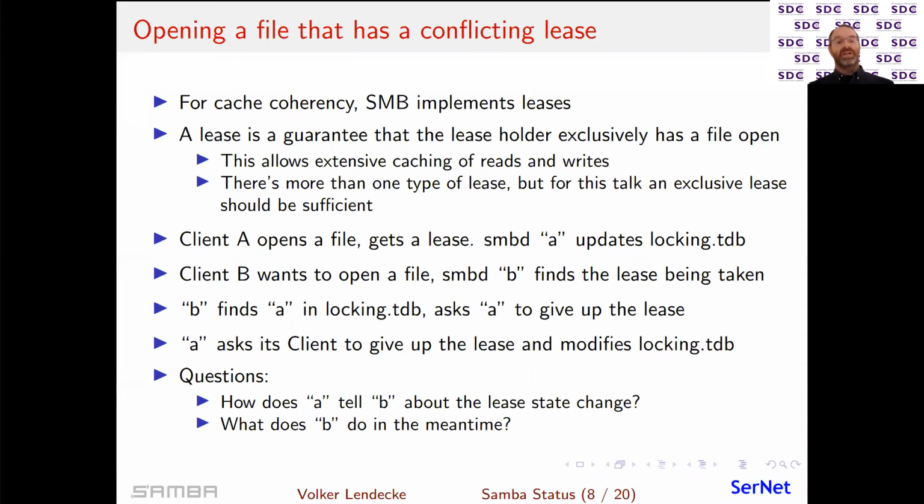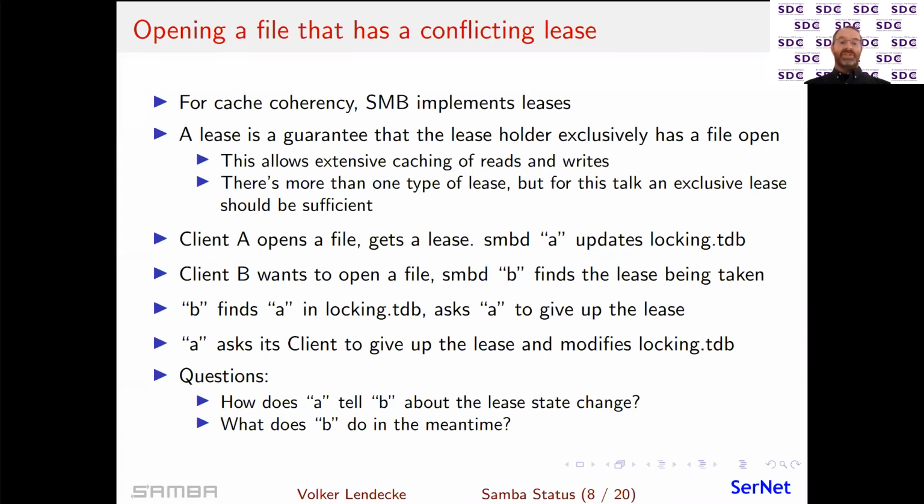So now client B comes in and also wants to open the file. There's a corresponding SMBD called lowercase b, which looks at the logging.tdb entry and finds the lease being taken. What this means is that process B needs to inform A, hey, please, SMBD A, ask your client to give up the lease. That's a message sent from process B to process A.